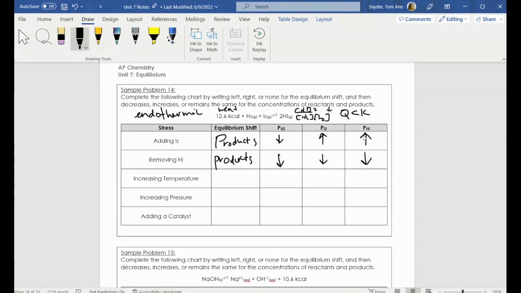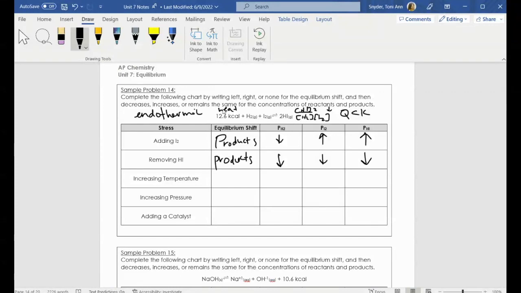Remember, let's think of heat or temperature as an actual reactant in this case. I think it's easier that way. In order for hydrogen and iodine to synthesize and form hydrogen iodide, heat is necessary. Think of it like cooking an egg. You have an egg on the stove, and you need heat to make a scrambled egg. If I increase the temperature, I can make that scrambled egg, whereas if I don't heat it up at all, I'm not going to make it, so it stays on one side of the reaction.